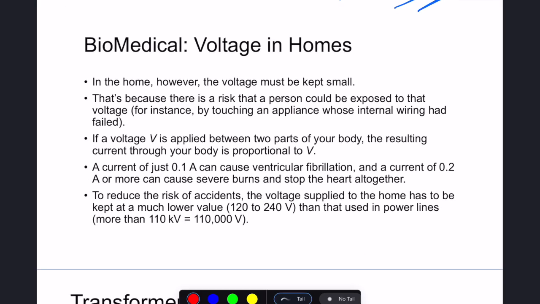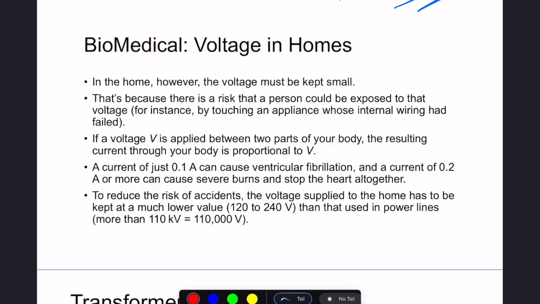I've mentioned this already a couple of times: the voltage in your home cannot be super high because it's dangerous. There's a risk of being shocked. The higher the voltage, the more current you can encourage, the more charge you encourage to flow. If we have really high voltages, we can encourage a really high current, and we don't want to come into contact with that, because we would get burned or shocked or go into ventricular fibrillation.